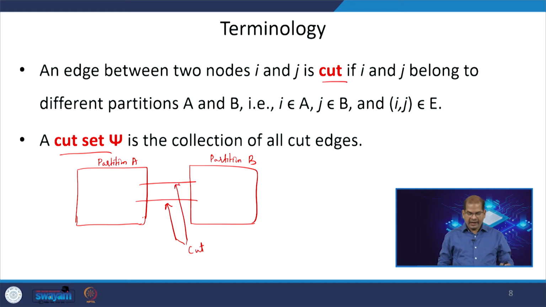And the collection or set of all cuts is called the cut set. In each iteration of the algorithm, I need to check how I can reduce the cut, and the number of elements in the cut set should reduce.